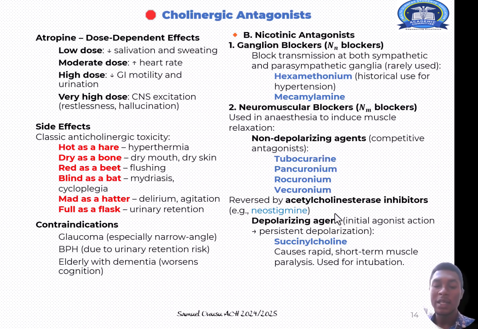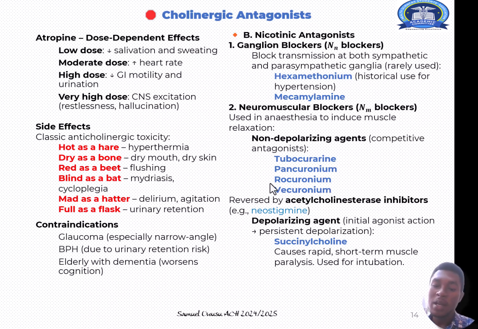they act like the succinylcholine that we mentioned as the agonist. So we have tubocurarine, pancuronium, rocuronium, vecuronium. These are neuromuscular blockers, and their use is well enhanced in anesthesia by the anesthesia people.